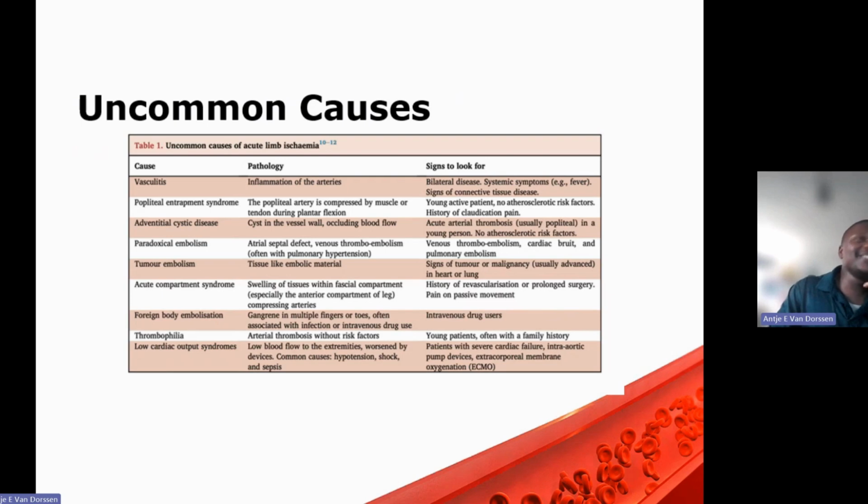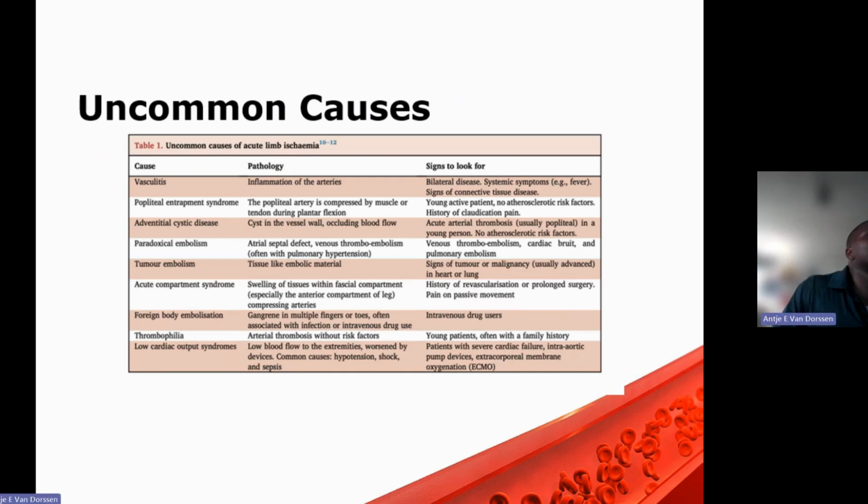Of course, there are also uncommon causes where patients will still present with acute limb ischemia, things that we don't normally think about, like the vasculitides, where the arteries are inflamed. Clinically, these patients will sometimes present with bilateral or systemic disease, with signs of connective tissue disease.